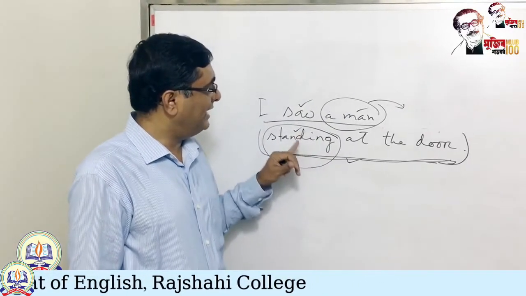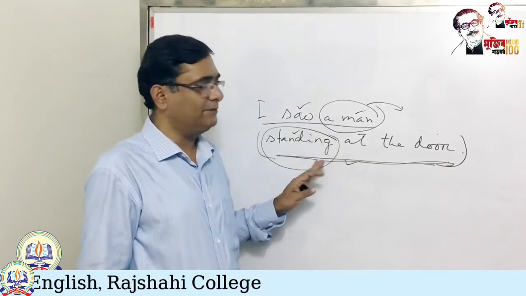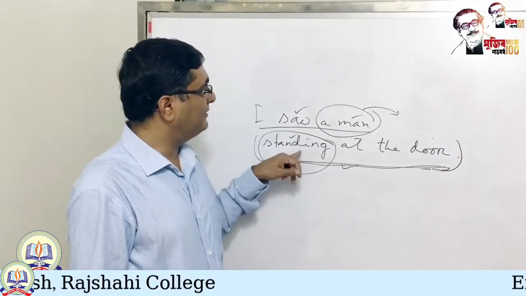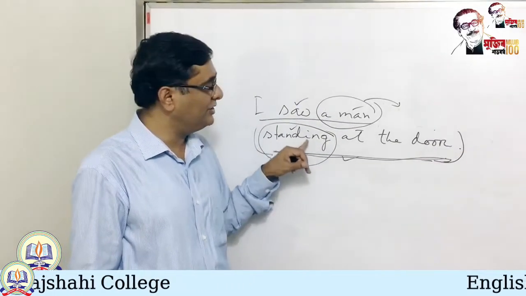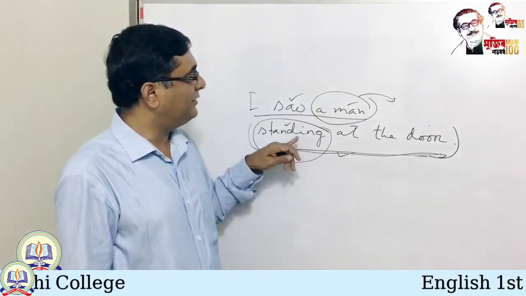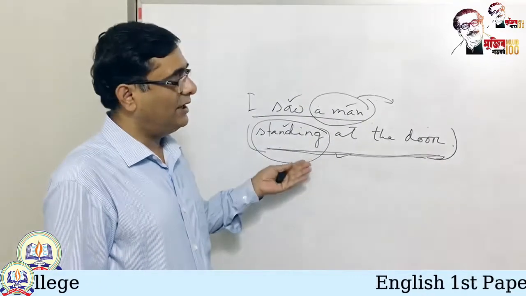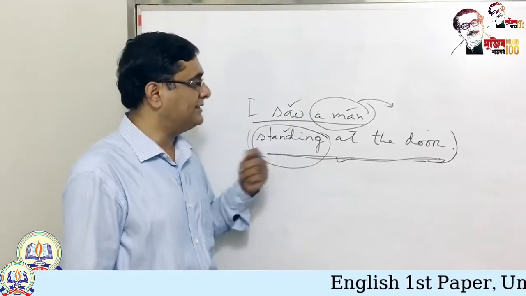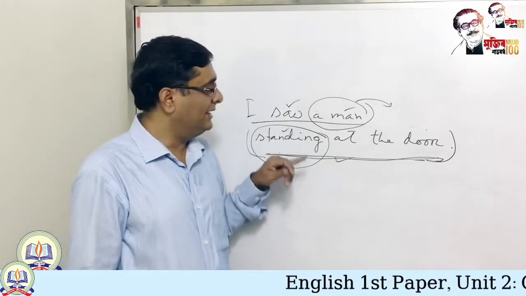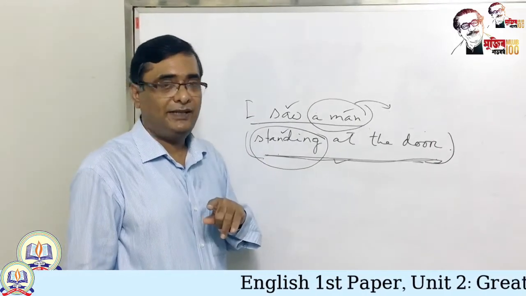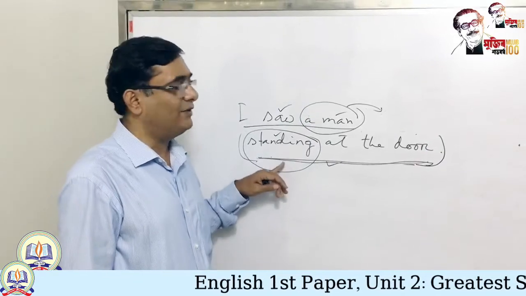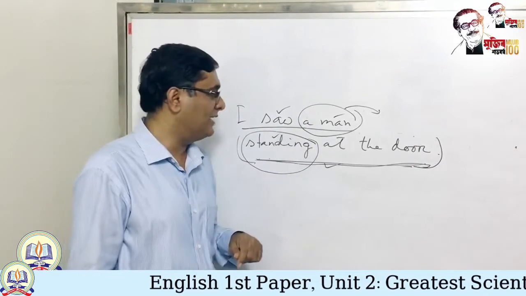Basically in terms of structure it is a present participle phrase, but in terms of function, it is playing the function of an adjective, so you can also call it an adjective phrase as well. But remember one thing, in a phrase you will not have any finite verb, it's a non-finite verb. That is the thing that you must remember.